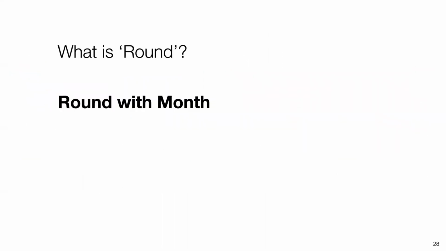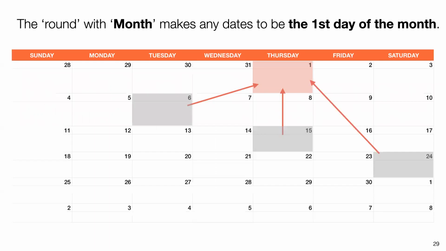In a similar way, for example, if we round it with months in the exploratory, then that becomes the first day of a given month. If it's January, then it becomes January 1st. If it's February, it becomes February 1st. Note though that year information is still there. When I say January 1st, if that is 2020, then it's 2020 January 1st.